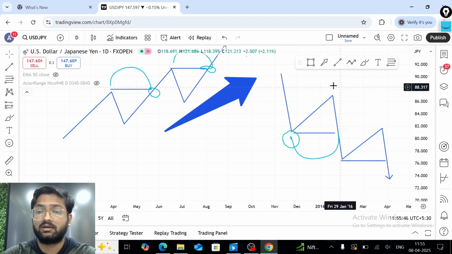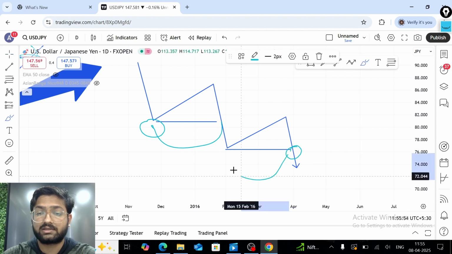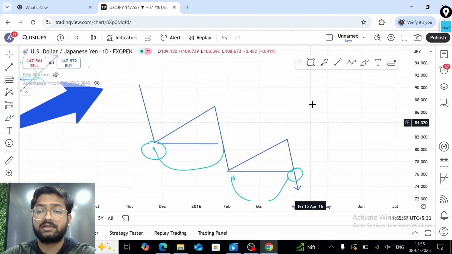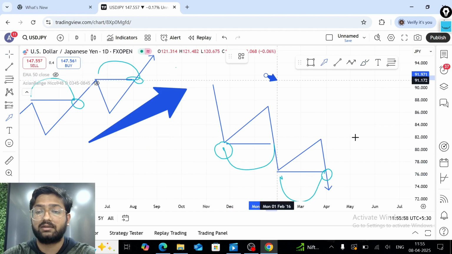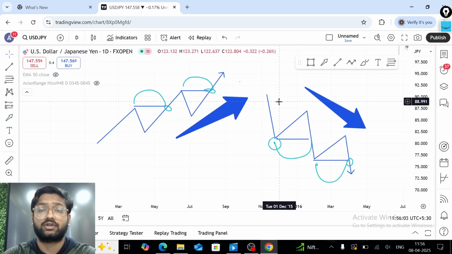See here, this particular price is breaking a previous swing low, and hence we can say that the market is in the downward direction. So this is how you need to analyze the market structure in the right proper way.